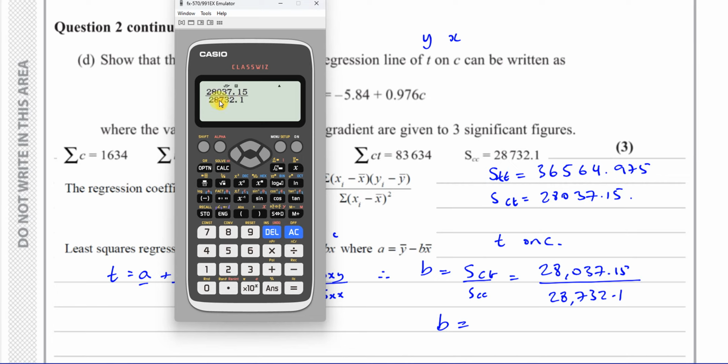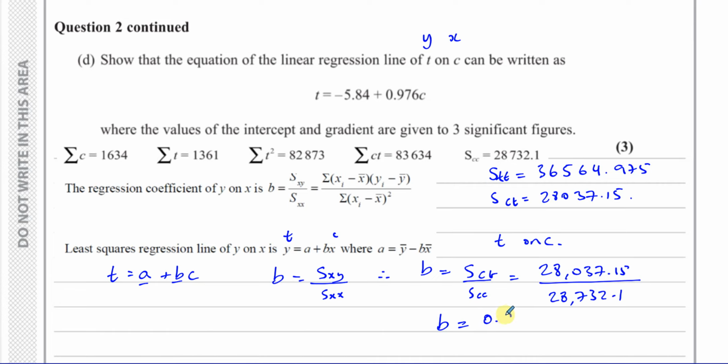Just make sure we've got everything written down properly. That's correct. That gives us 0.97581. So we can see that b to 3SF rounds to 0.976. So we got the right answer for b.